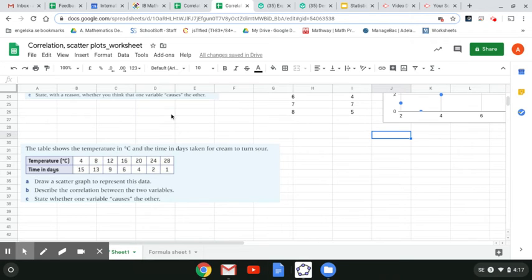The table shows the temperature in degrees Celsius and the time in days taken for cream to turn sour. So a very interesting example. So again, I will need my data in a table. So temperature and time in days.